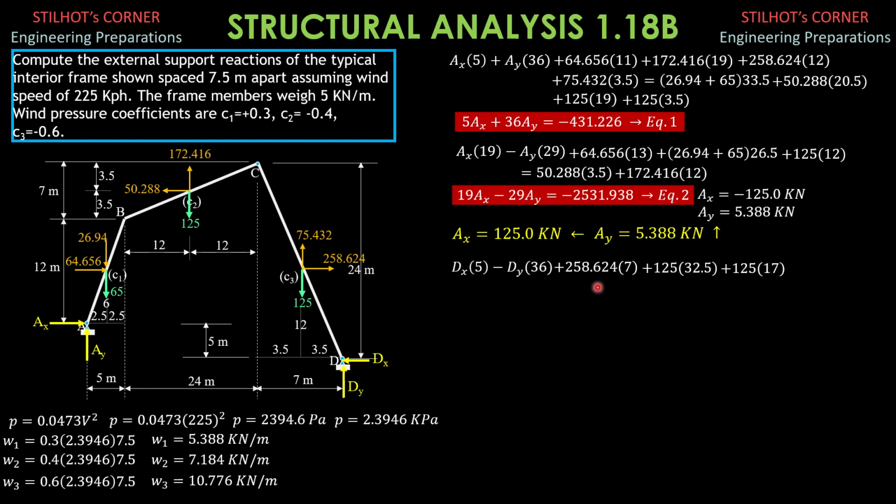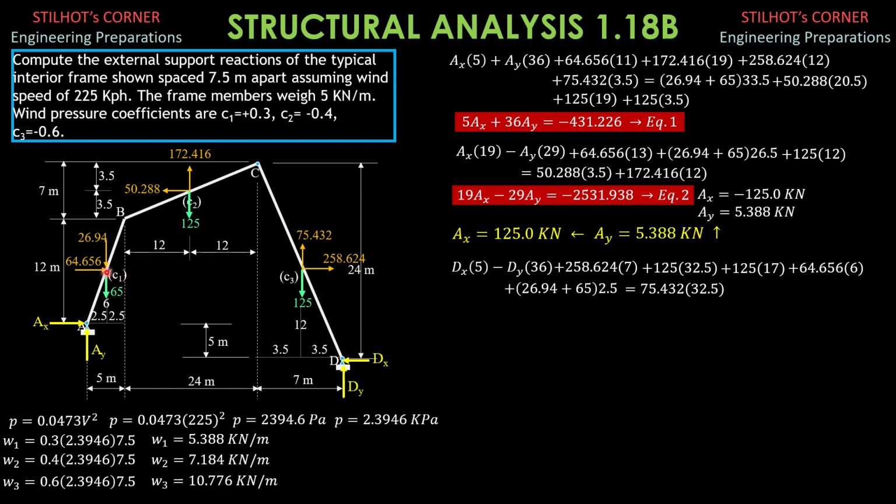So plus 258.624 times 7, then plus 125 times 29 plus 3.5 is 32.5. So plus 125 times 32.5. Then here, plus 125 times 12 plus 5, 17, plus 125 times 17.